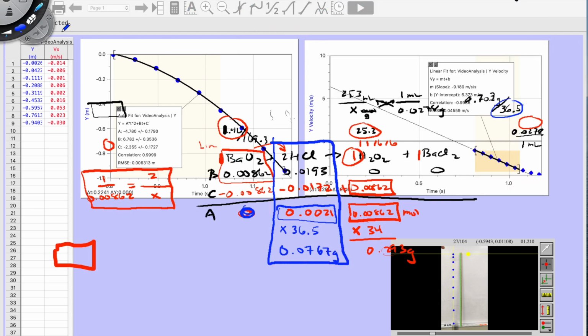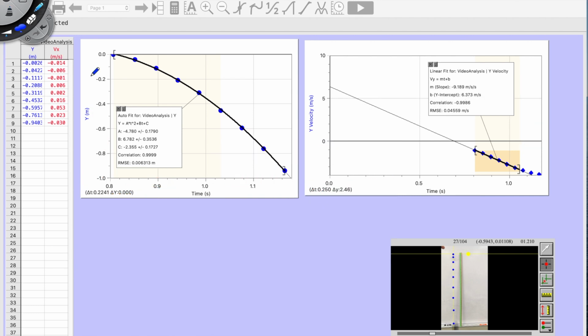According to Logger Pro, y is equal to a t squared. That's going to be a little weird, so I'm going to put this into a form that you recognize: B times t.